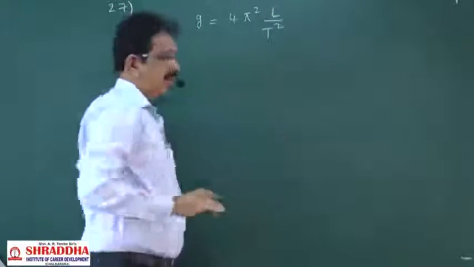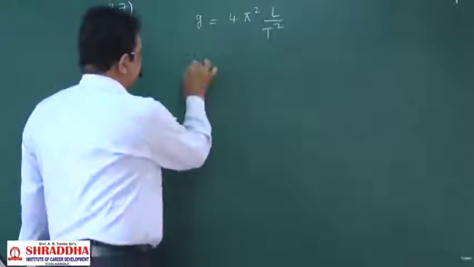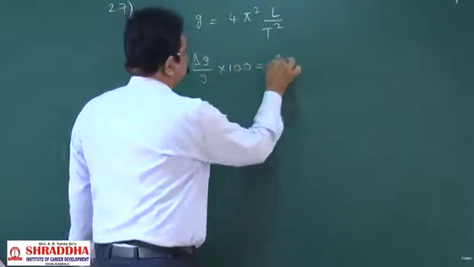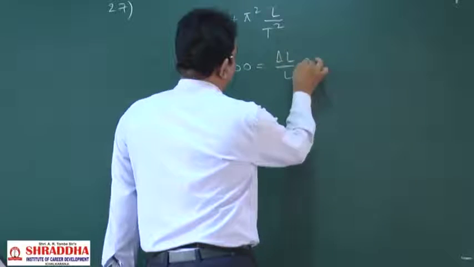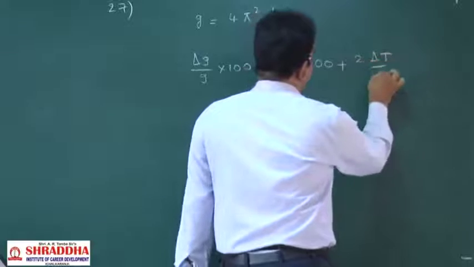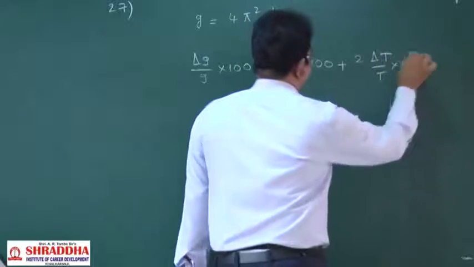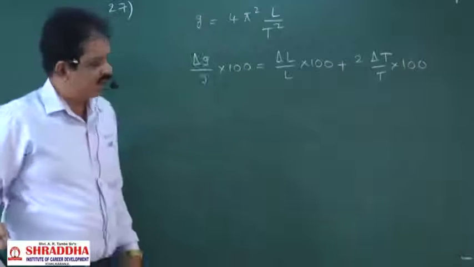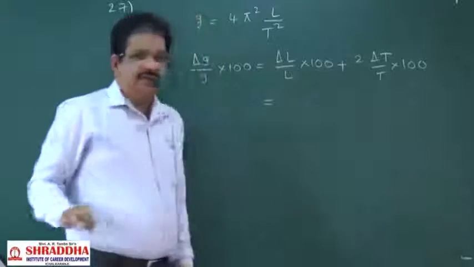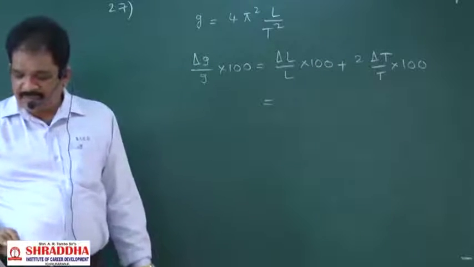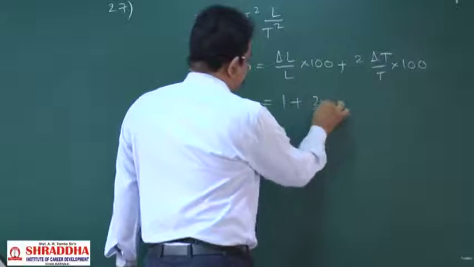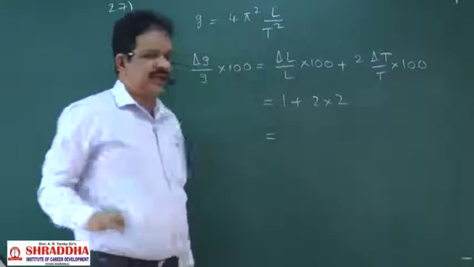Small l or capital L, whatever. Then Δg/g × 100 = ΔL/L × 100 + 2 × ΔT/T × 100. So ΔL/L × 100 will be equal to 1%, and ΔT/T is 2%.